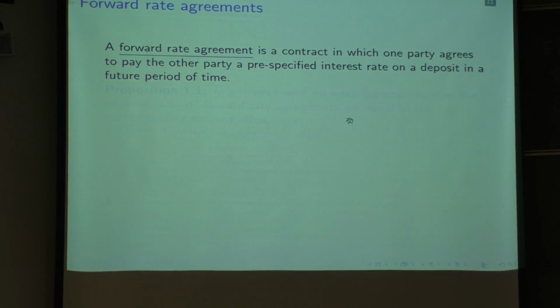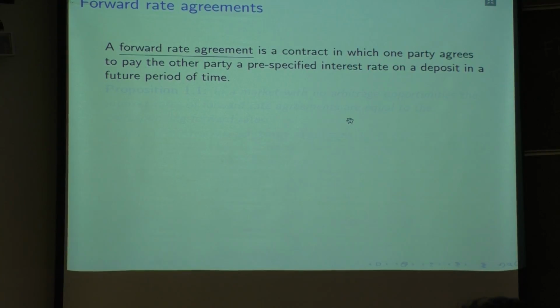So what is the thing I'm going to observe in the real world? It's going to be a contract, which is a forward rate agreement. What is a forward rate agreement? It's a piece of paper which has small print in it.